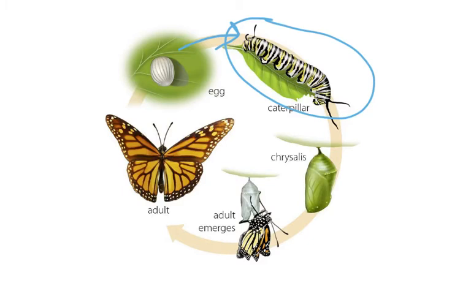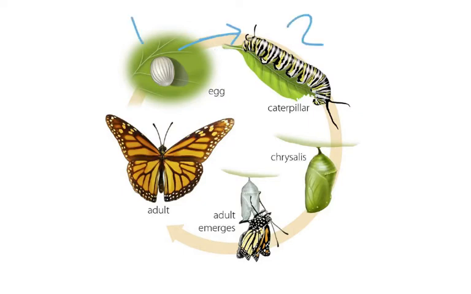As they come out of the egg, this is what they look like, and they grow bigger and bigger. The next step in a butterfly's life, so we have step 1, step 2. Now they've grown so much as a caterpillar, and then they make this thing called a chrysalis. It's kind of like a little sleeping bag, and this is step 3.